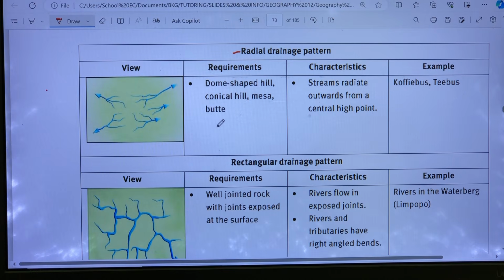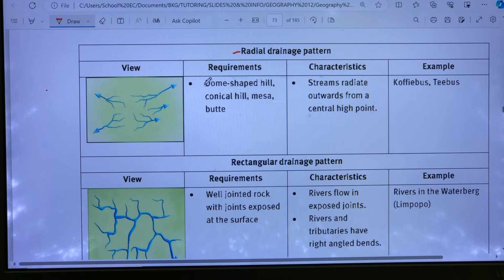The centripetal is whereby they are also coming from the top to down, but moving inwards. We're going to discuss that. A radial moves outwards.